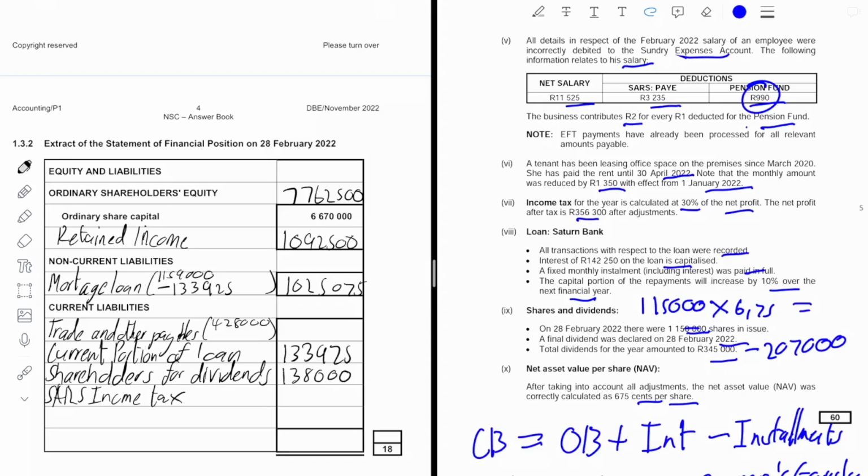Then remember, with my trade and other payables, I did have that rent adjustment that I made to my rent amount in my income statement. Since that's income received in advance, it needs to be under trade and other payables. So I need to add 24,300 here.